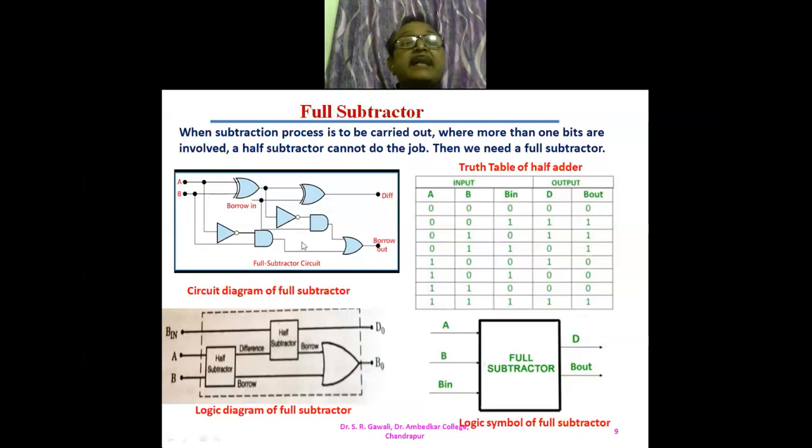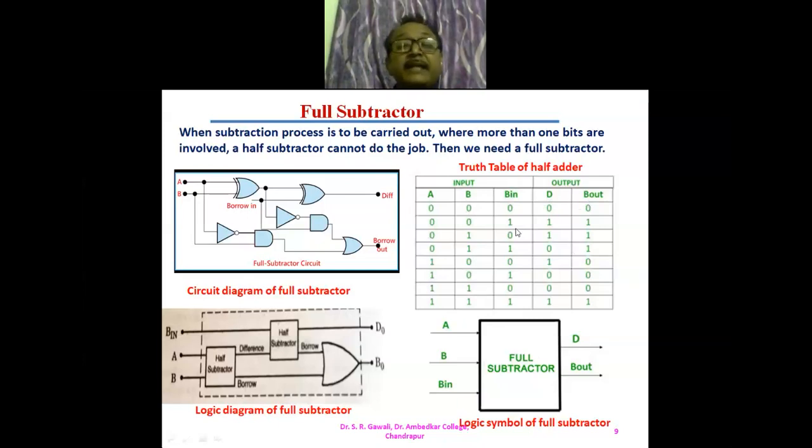The circuit diagram of the full subtractor is shown in this slide, and this is the block diagram or logic diagram of the full subtractor. Here is the truth table. Here we do the operation A minus B minus BIN, and the outputs are D and B out.